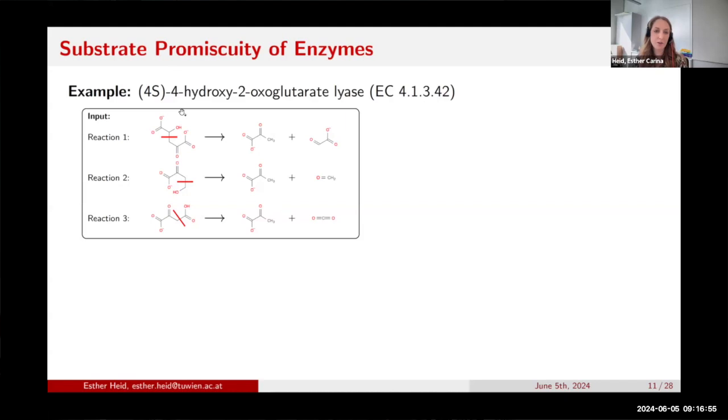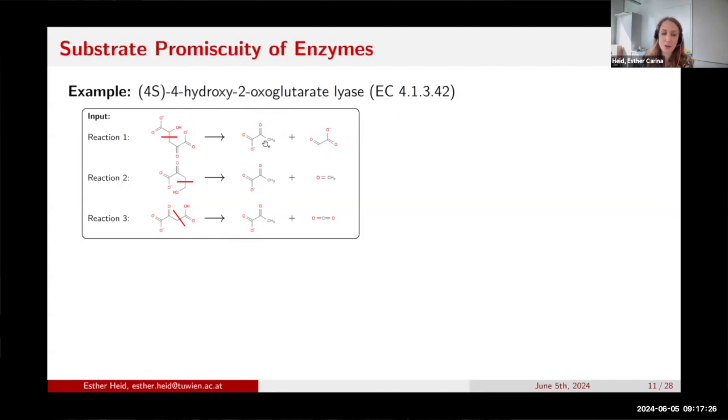So if you think about, for example, hydroxyoxyglutarate lyase, and you look up on Brenda all of the reactions it can catalyze, you see the reaction always splits a CC bond next to our hydroxyl group. So this is always the same motif. This is the reactive center, a CC bond being split next to a hydroxyl group. But if you look at the reactions more closely, you will see, especially on the product side, it's very prominent that one part of the substrate is always the same.